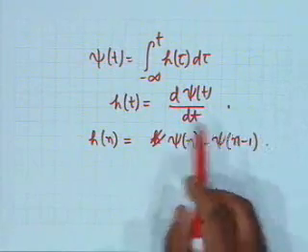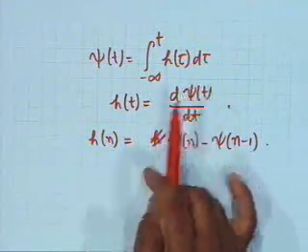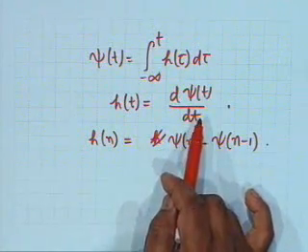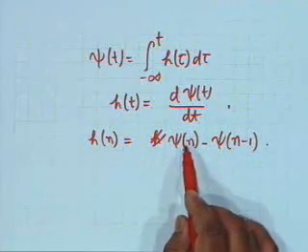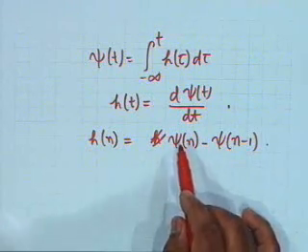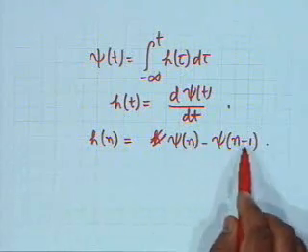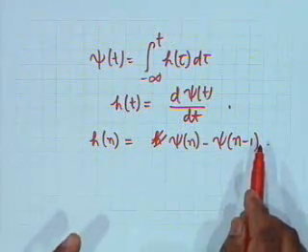You see, h of t is d psi of t by dt, that is, increment in psi divided by the increment in the argument. Now, in the discrete time case, the minimum value of the increment in the argument is 1, and therefore what you do is you take the minimum increment in psi, which shall be one sample difference, that is psi of n minus psi of n minus 1, divided by the increment in the argument, which is 1.